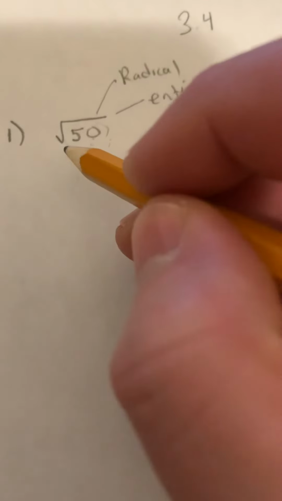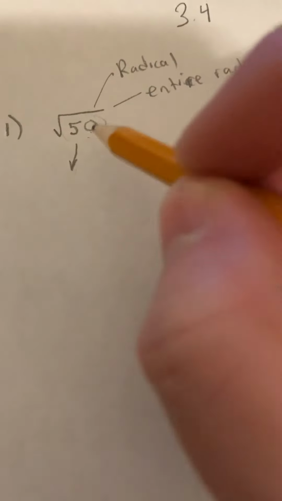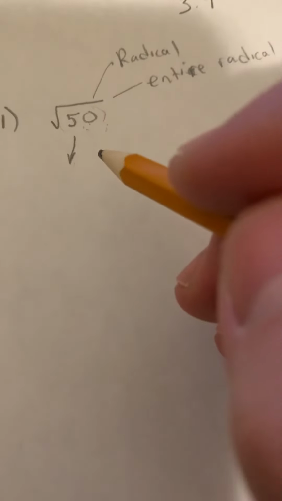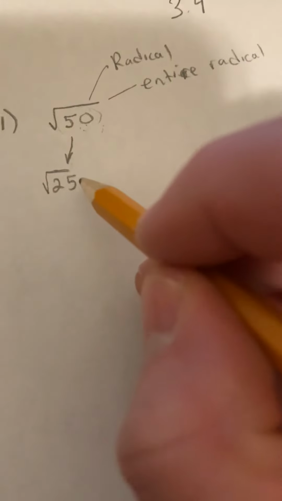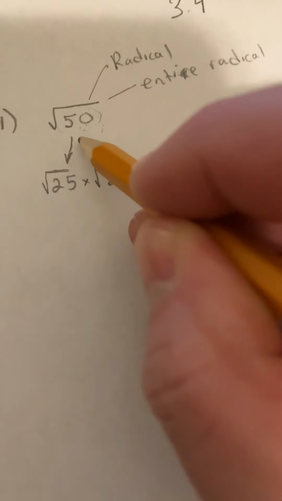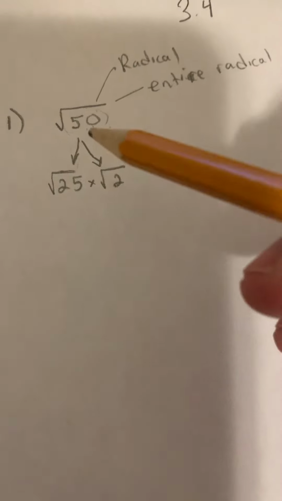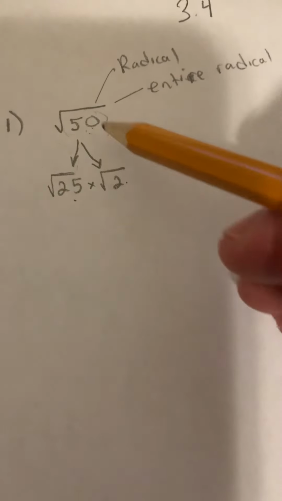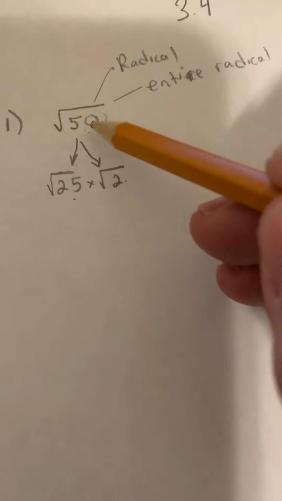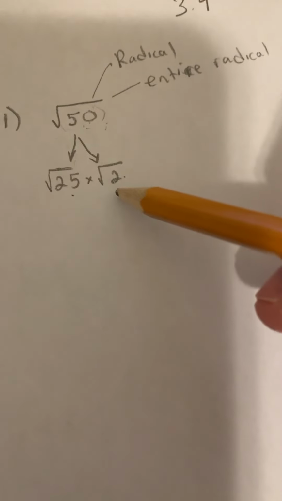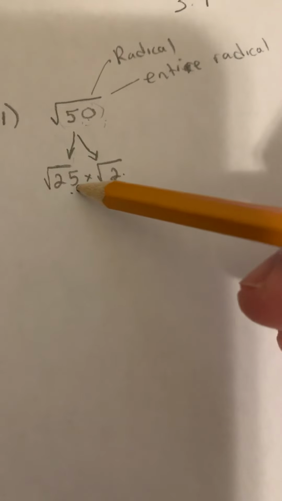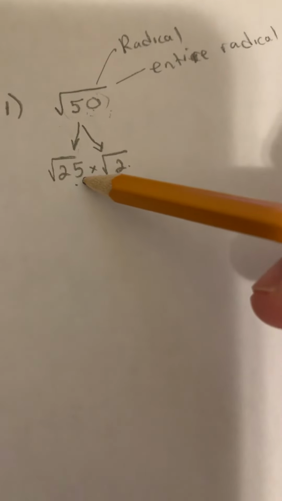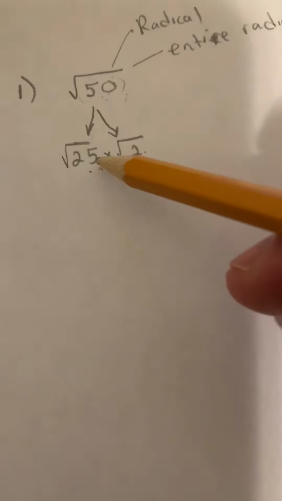If we divide 50 by 2, we get 25 and 2. So we get the square root of 25 times the square root of 2, since 25 times 2 is 50. We want one of the numbers to be square rooted nicely, and 25 can be.